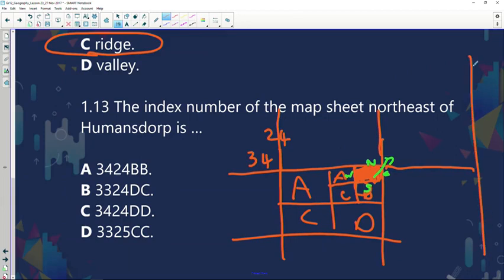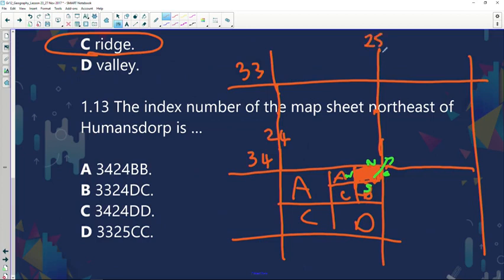Okay, moving a bit up. So what are the lines of longitude and latitude going to be now? Latitude is going to be 33. Okay, 24 is going to be 25. So immediately, let's have a look. 33, 25. There's my clue already. I think D is going to be my correct answer.